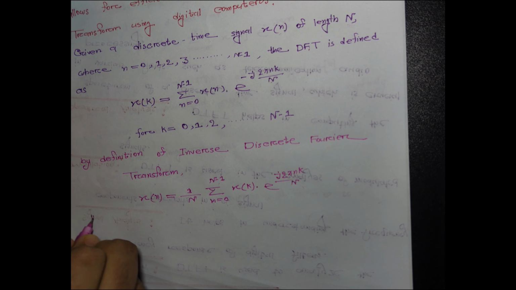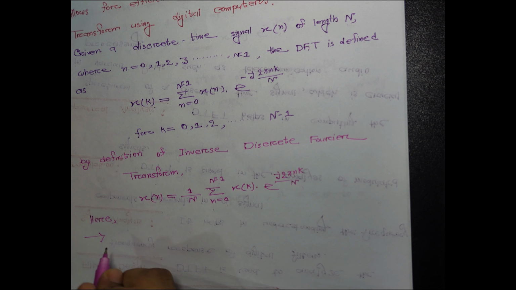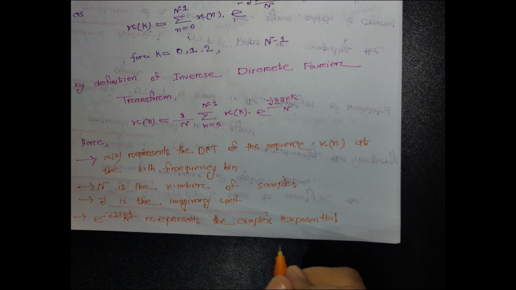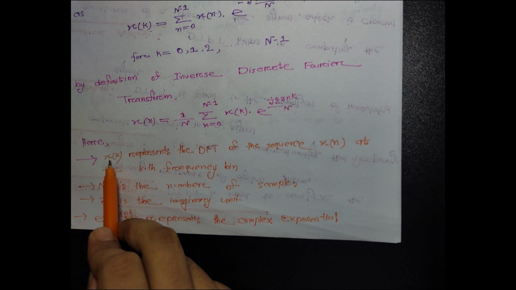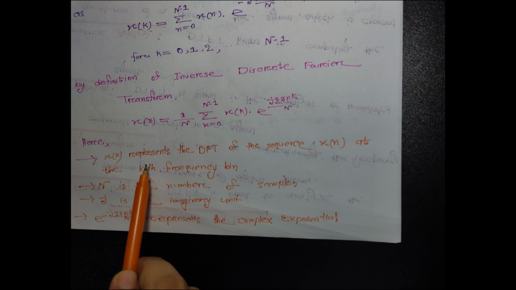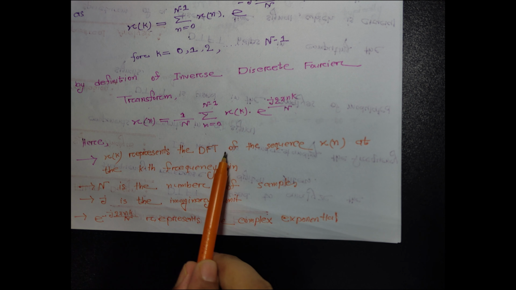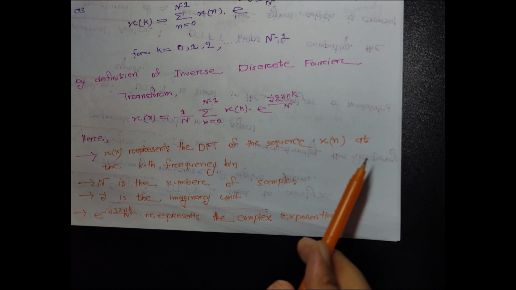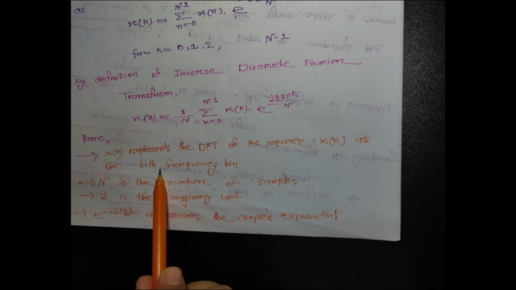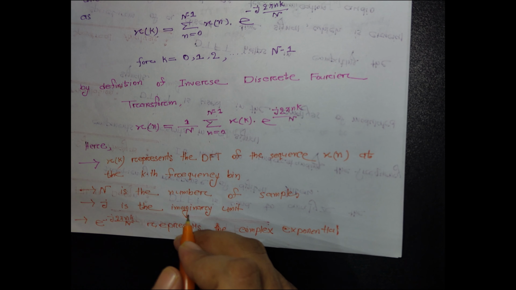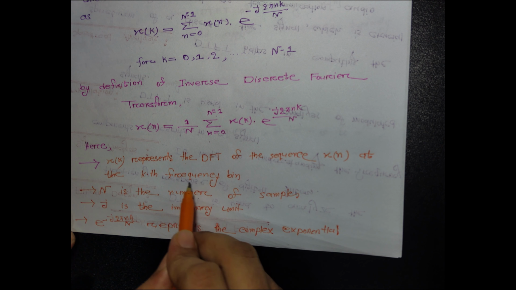Here, X[k] represents the DFT of the sequence x[n] at the kth frequency.